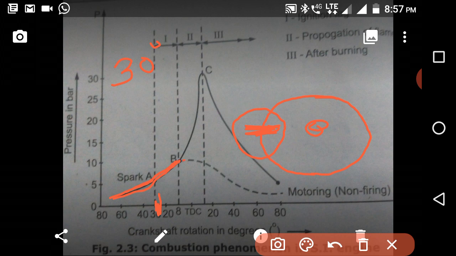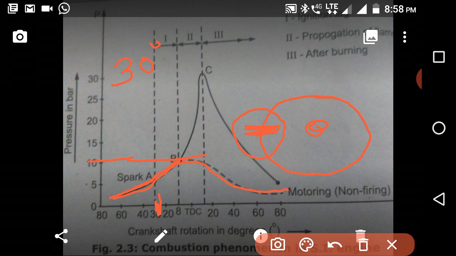Now I am taking one case: if there is no combustion occurring inside the combustion chamber, the maximum pressure achieved inside the cylinder will be nearly 10 bar, and after that the expansion process will follow and the curve will come down like this.